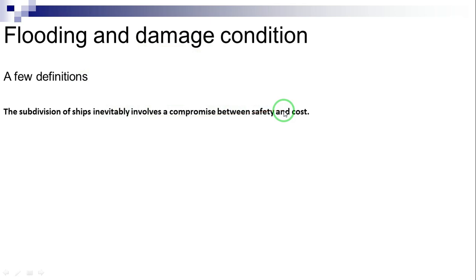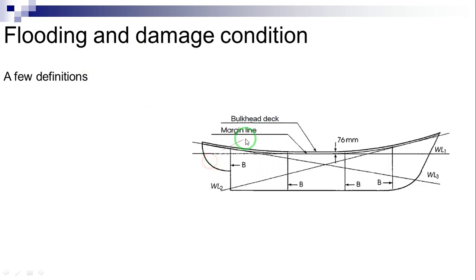The deck up to which these bulkheads extend is called bulkhead deck, as shown here in this figure. After flooding of a prescribed number of compartments, the ship shall not submerge beyond a line situated at 76 millimeters, about 3 inches, below the top of the bulkhead deck at side, called the margin line.